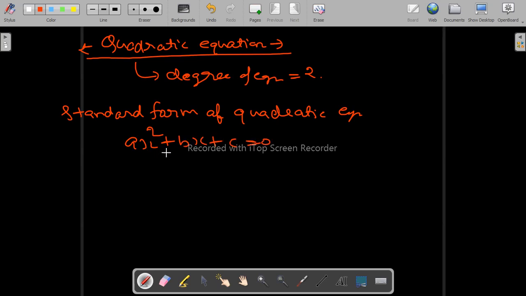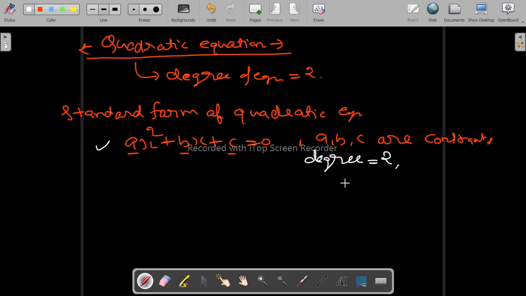Here x is the variable, whereas a, b, c are treated as constants. If we talk about the degree of this equation, we can see clearly the highest exponent of the variable, which is x in this case, is 2. This means the degree of this equation is 2. This is why it is called the quadratic equation.